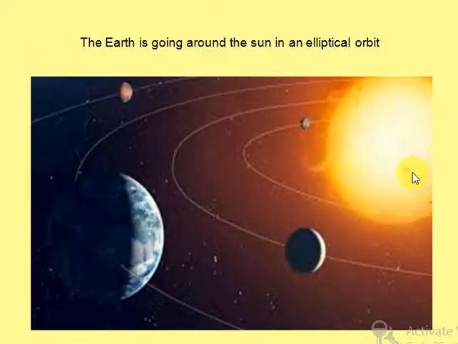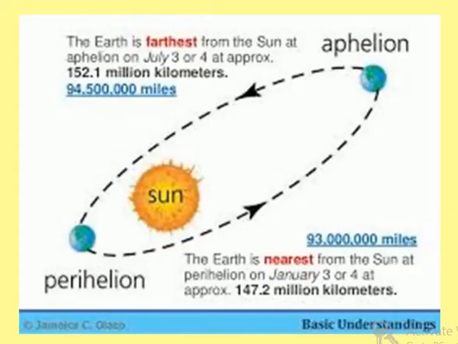So you know now, the earth moves around the sun in an elliptical path. And the distance between the earth and the sun is not the same every time. This is the elliptical path of the earth.